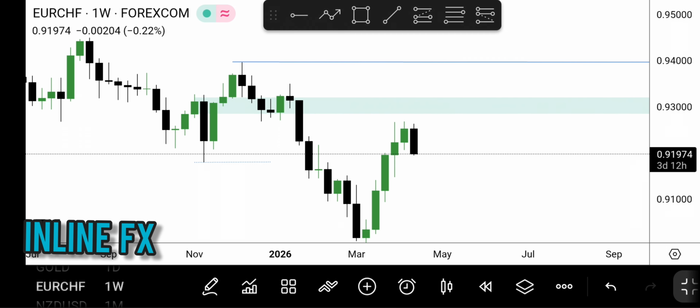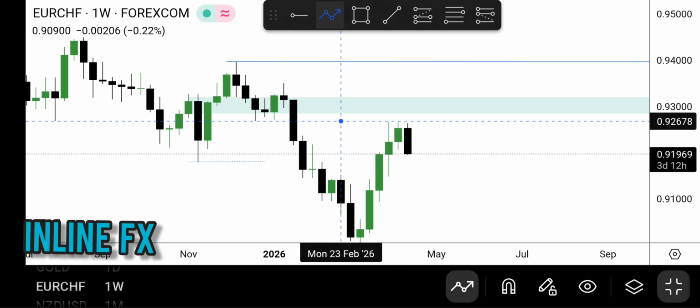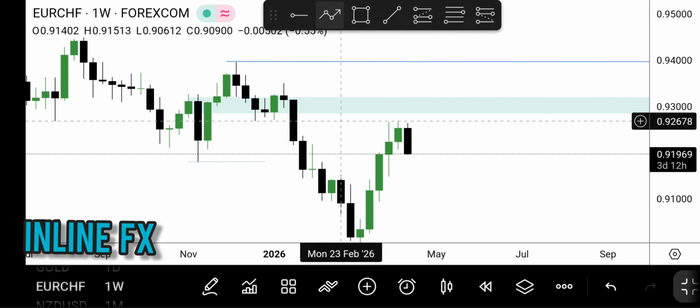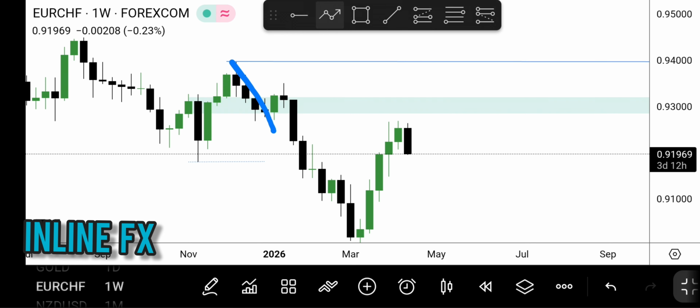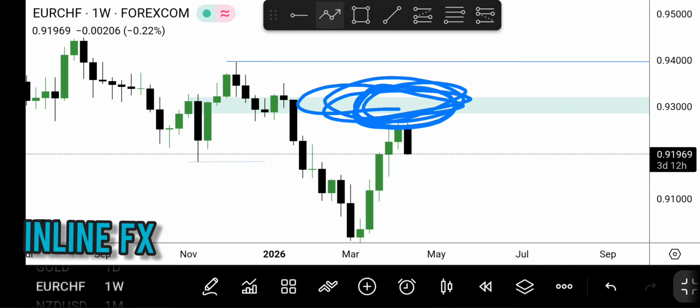As we see, price came on the weekly, gave us a lower low, a lower high, and broke structure, and then it left for us an order block still. As you see, this is our order block. This is the last buy before the break of structure to the downside. So we have seen that this zone is so strong.